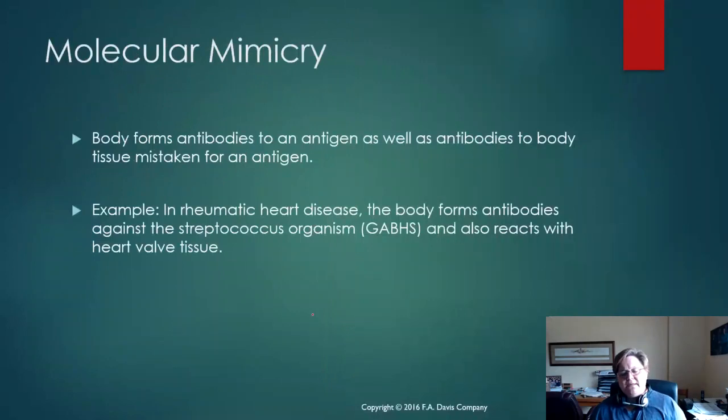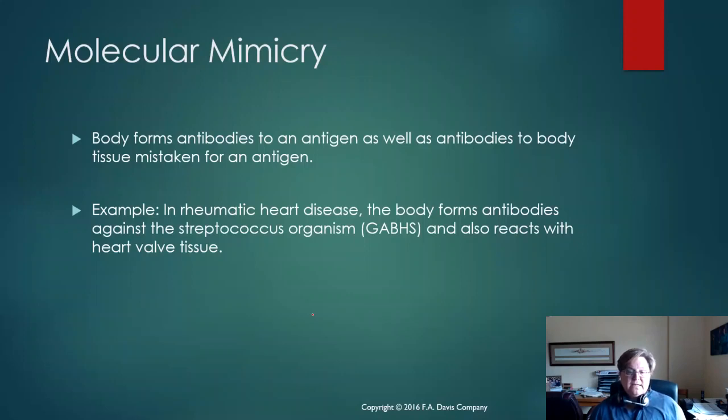Another thing that happens is called molecular mimicry. And this is when our body forms antibodies to an antigen as well as antibodies to body tissue. And then those are mistaken for an antigen. So in rheumatic heart disease, the body forms antibodies against the streptococcus organism, but it also reacts with heart valve tissue.